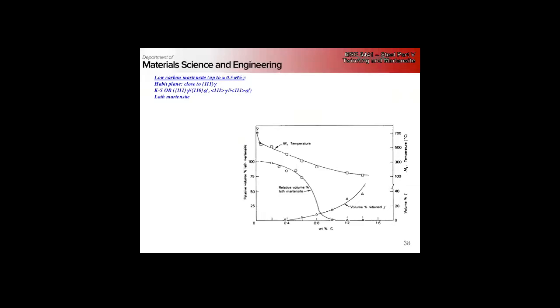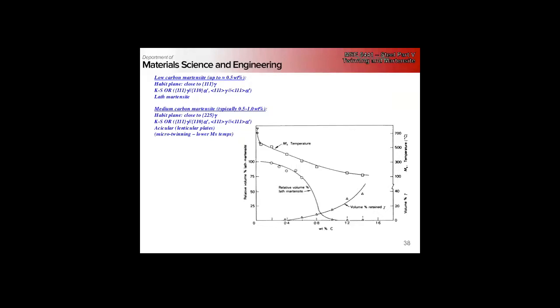This lath martensite you can think of as slipped martensite. So at low carbon, we have 100% slipped. Once we get up to about 1% carbon, we're at 100% twinned martensite, and we also have an increasing amount of retained austenite.